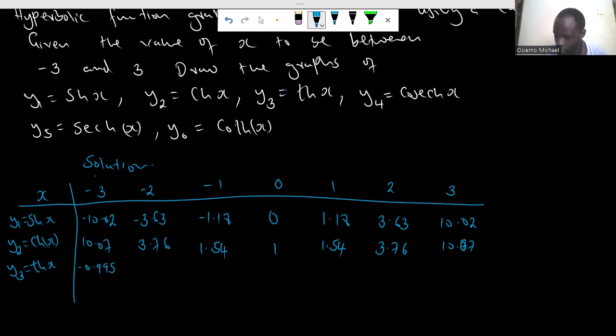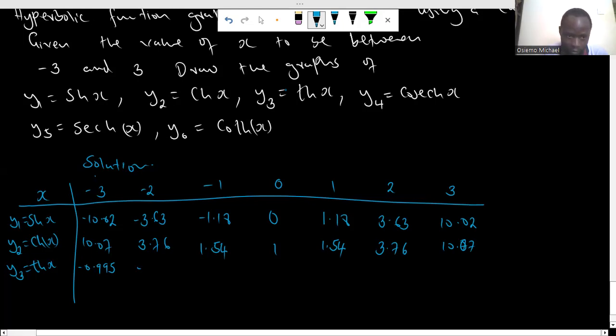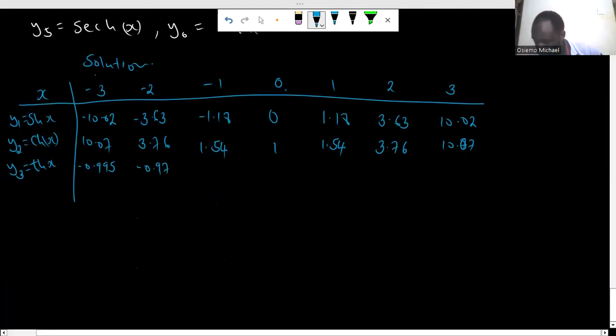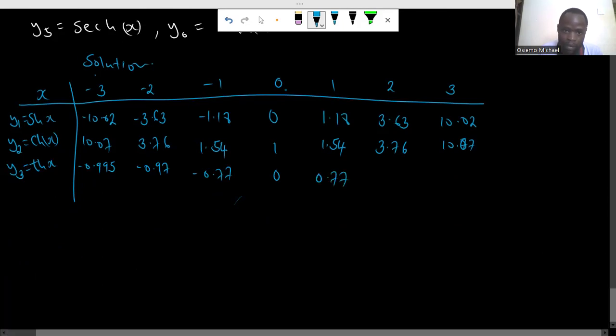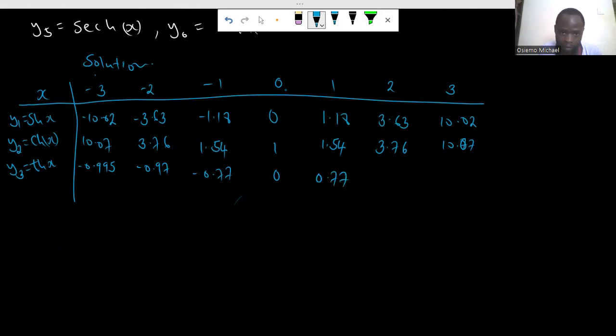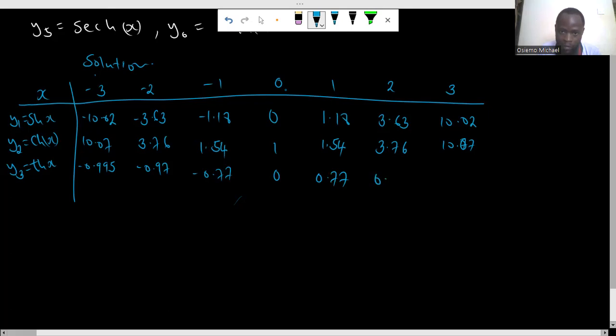So then the others will be negative 0.97, negative 0.77, then 0, and then 0.77, 0.97 and 0.995.